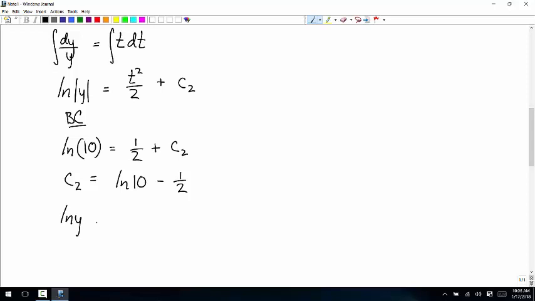So natural log of y is equal to t squared over 2 plus natural log of 10 minus 1/2. Take e to the power of both sides, and you get y is equal to e to the power of t squared over 2 plus natural log of 10 minus 1/2.